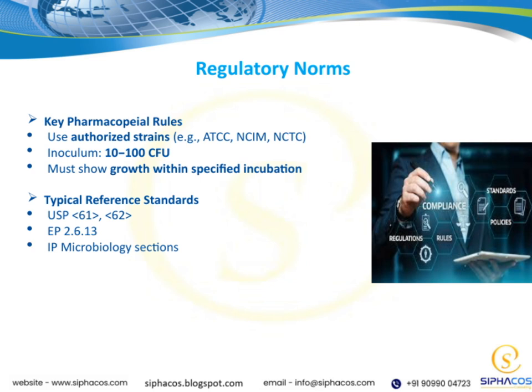Additionally, the IP microbiology sections serve as valuable benchmarks. Connecting this all to our overall theme, these norms and standards are the backbone of ensuring our microbiological assessments are accurate, consistent, and compliant with global regulations. They help us maintain the quality and safety of our pharmaceutical products.